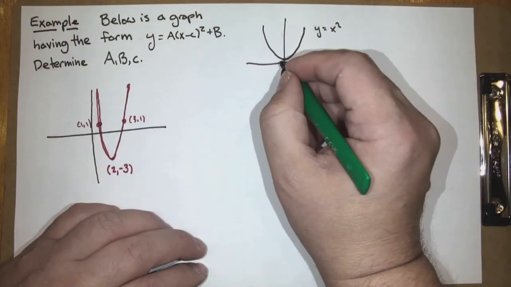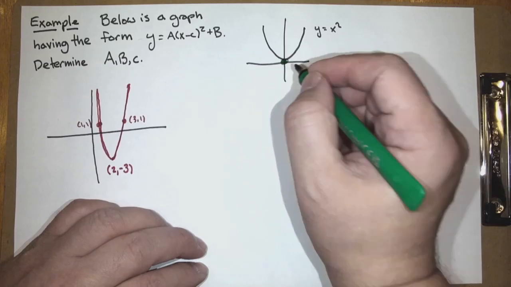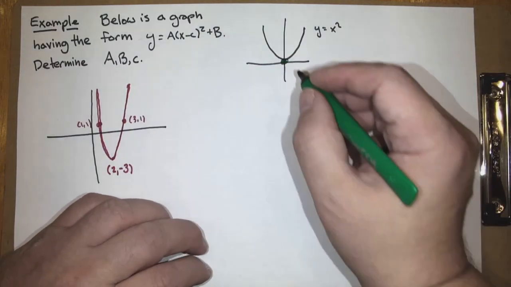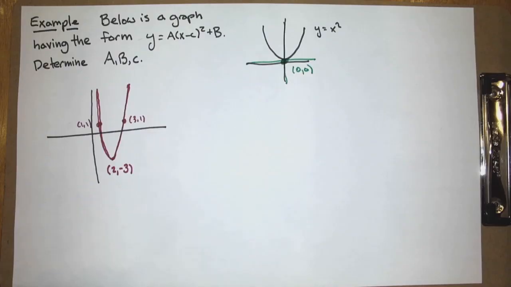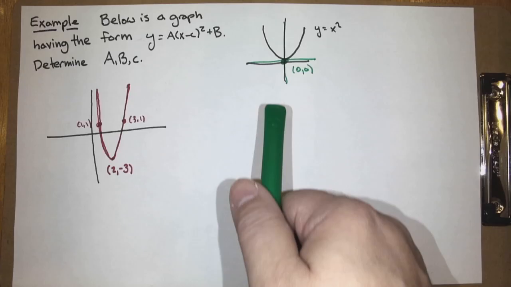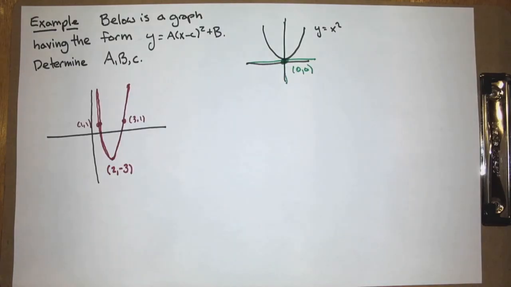Now, I like to say, look, this parabola has a very nice point here at (0, 0). And we'll give that a name today. So, can we figure out where this point went?